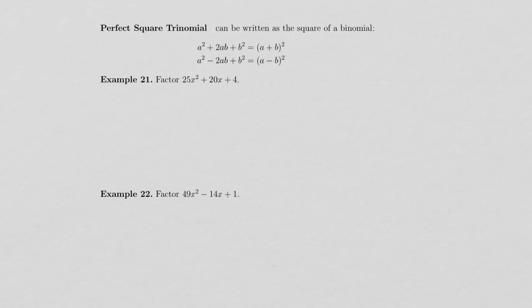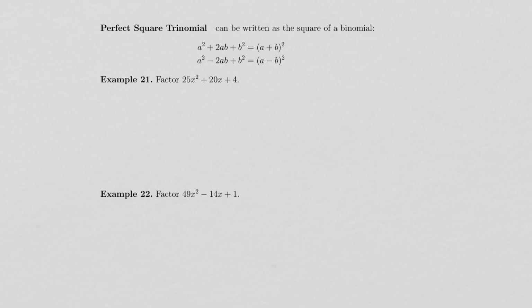To me, this is hard sometimes to recognize these forms. Again, if you don't recognize the form, then you can just use the usual rules, like the AC rule, and it'll work. But sometimes it could be quicker if you recognize this form here. So like in this first example, where I have 25x squared plus 20x plus 4, it turns out that this actually has that first form there.